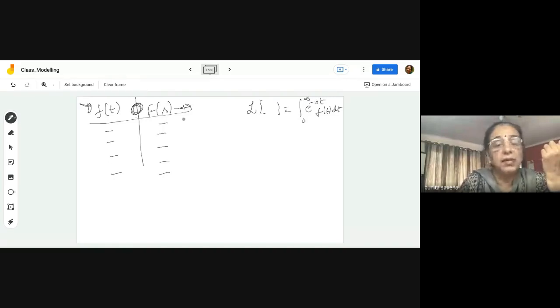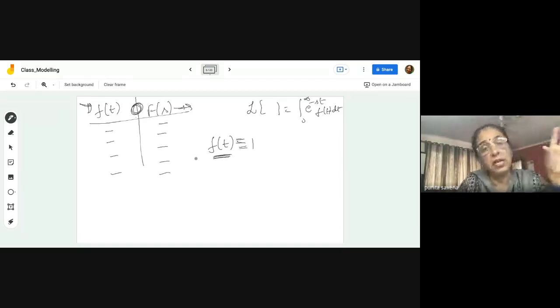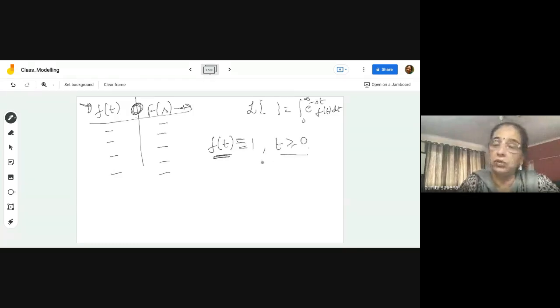Say for example, the simplest one, let us take our f(t) to be 1. This is some function, some operator, some kind of thing here. So if my f(t) is 1 for t more than or equal to 0, then I want to compute what is going to be my Laplace transform.